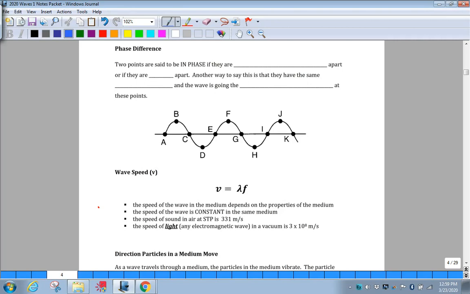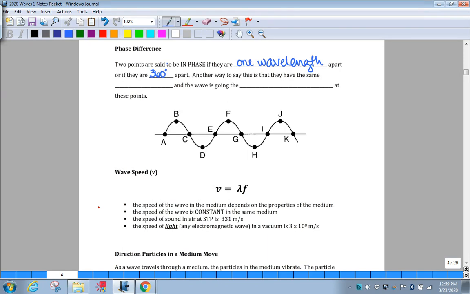Okay, so we're continuing on with phase difference, and 2 points are said to be in phase if they are one wavelength apart, or 360 degrees apart.